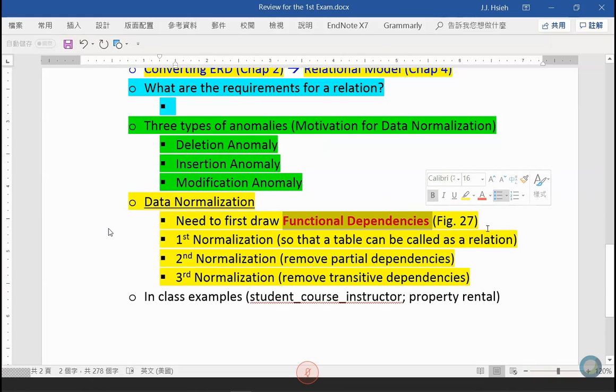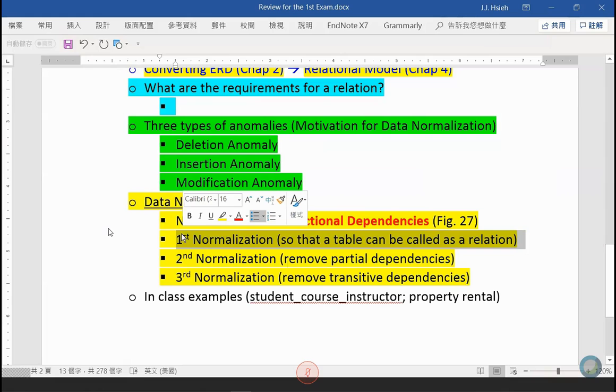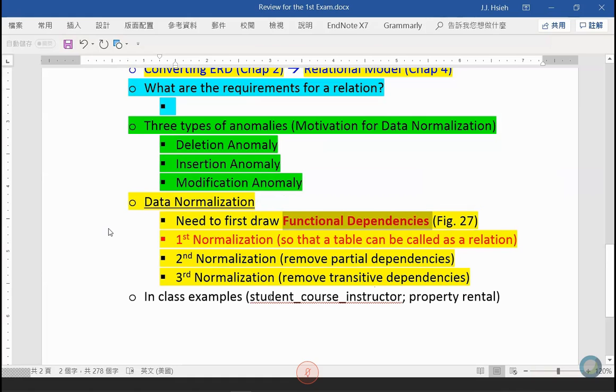We have talked about how to convert a table that's not in the first normal form into first normal form. The solution is repeating the value and then filling out the blank area. That's what we just talked about.